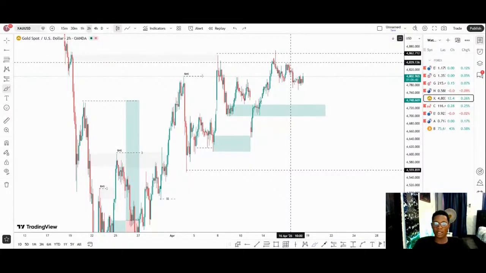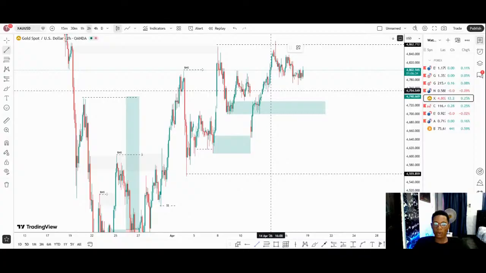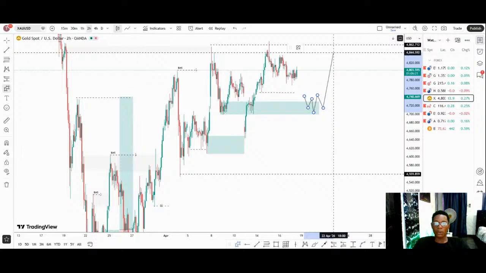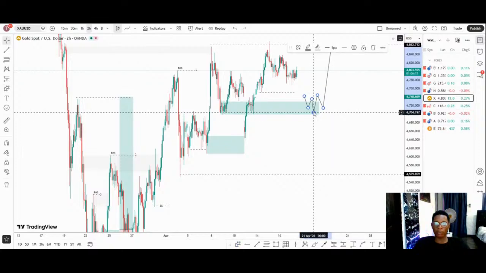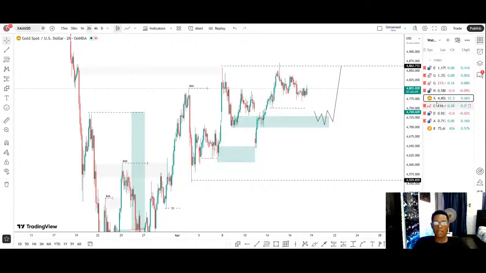So potentially, I'm looking at this level as an area of liquidity. Price should come and sweep that level, and then come back and mitigate. Most of the time, once gold has tapped into your area of interest, it just flies and leaves.